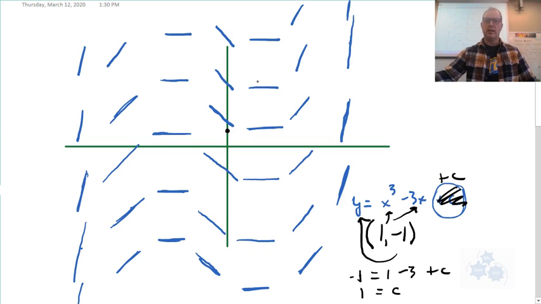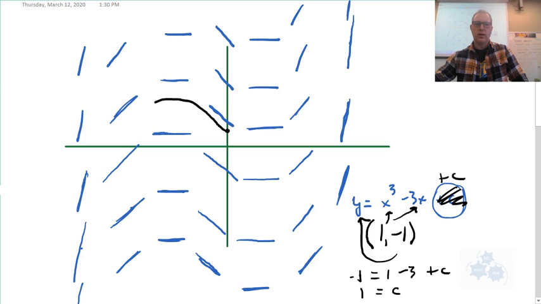So what that means is, let's see if I can find one of those graphs. Well, there was a graph that looked something like this. Wasn't there? So look how I'm kind of following the slope field here. See that?